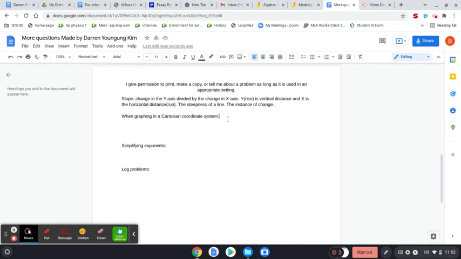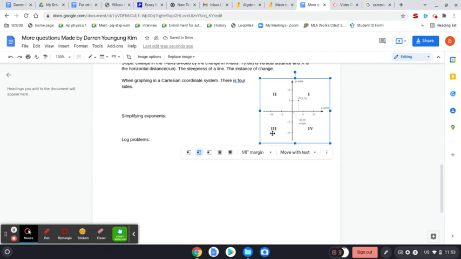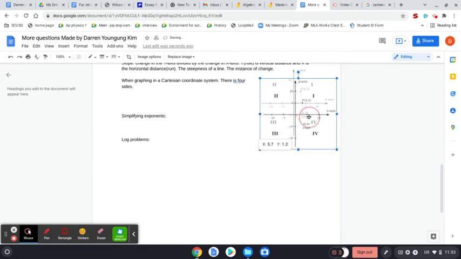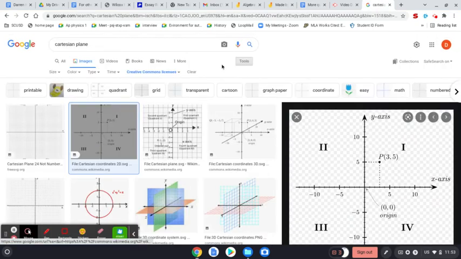So in a Cartesian plane, there are 4 sides, right? And here I'll just label it. So all right, here it is. I made sure that this is under fair use. Basically, you go into Google and go to Tools, and you say Creative Commons license.